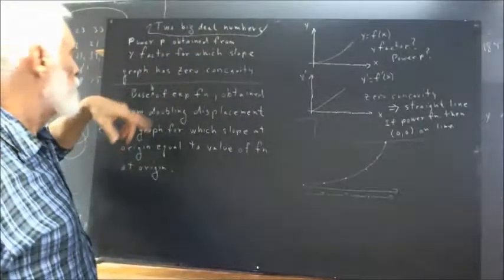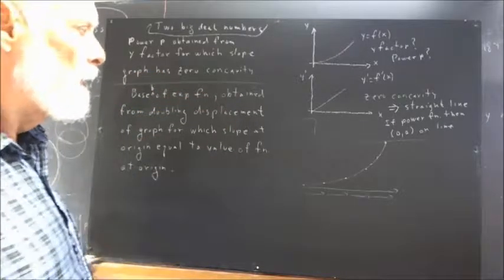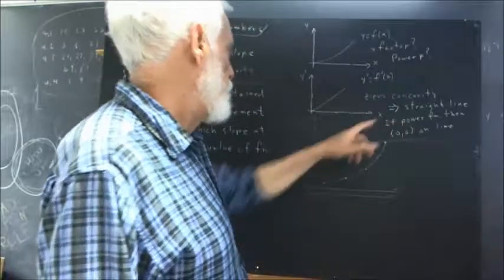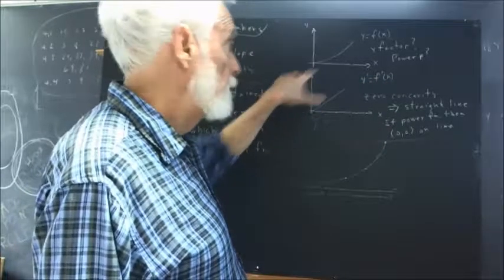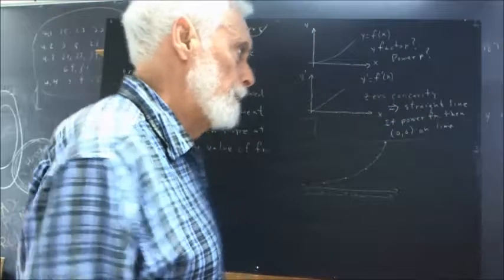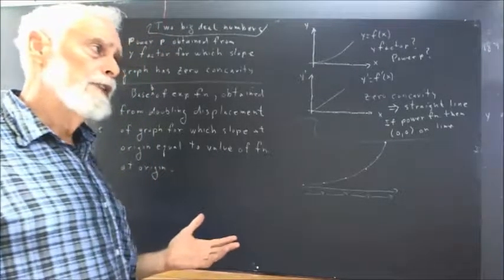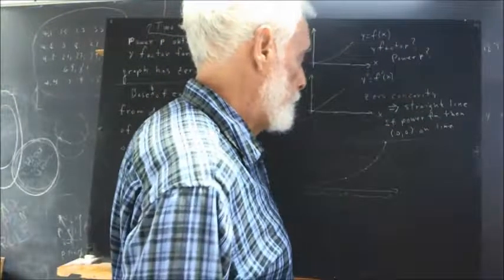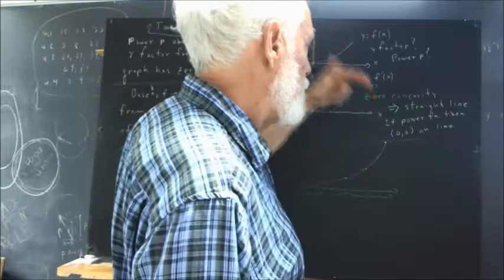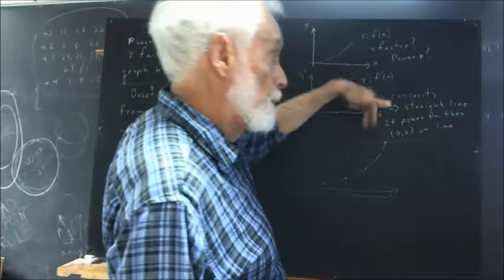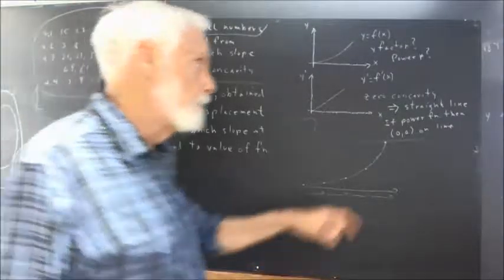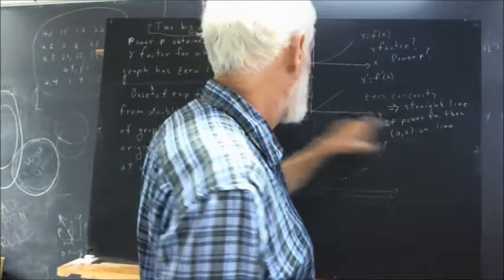If the slope graph has zero concavity, then we have a slope graph, y prime equals f prime of x, for some original graph. That slope graph has to have zero concavity. The only way you can have zero concavity is for the whole graph to be a straight line. If the slope graph represents a power function, which we haven't proven but which we're going to tentatively assume, then the point (0, 0) has to be on that line.